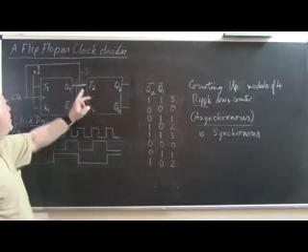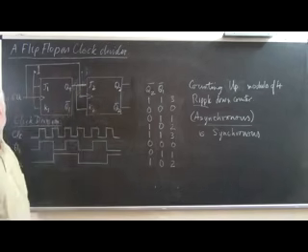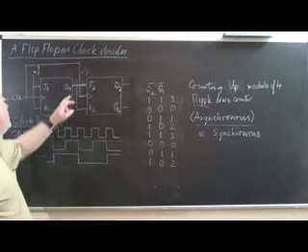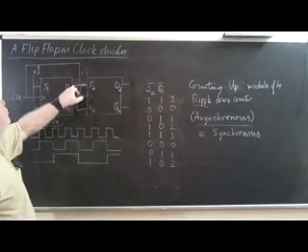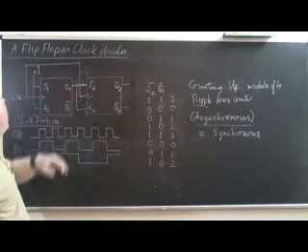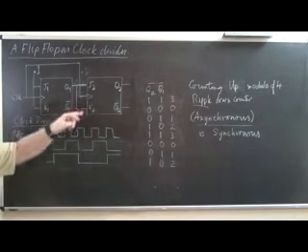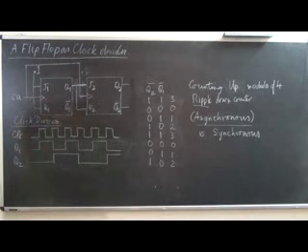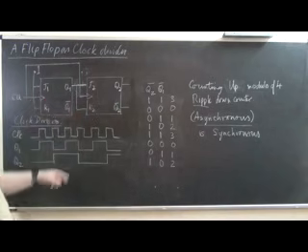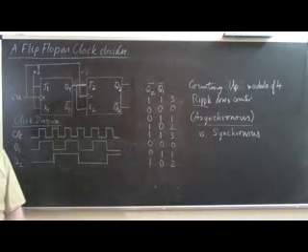Earlier we had tied J2 and K2 both to 1. Instead, what we do now is to tie J2 and K2 both to Q1, as you can see in this drawing over here. So the master clock comes to both the first and the second flip-flop, and J2 and K2 are given Q1.